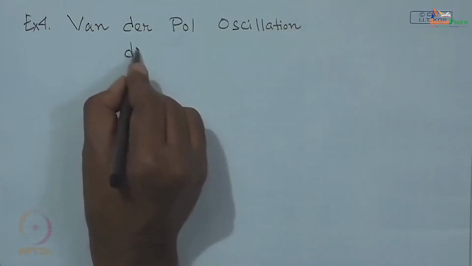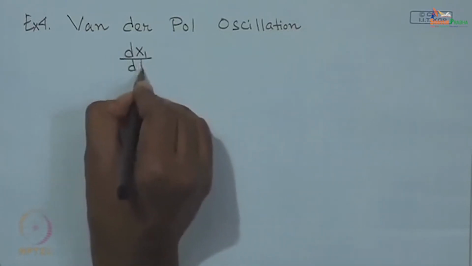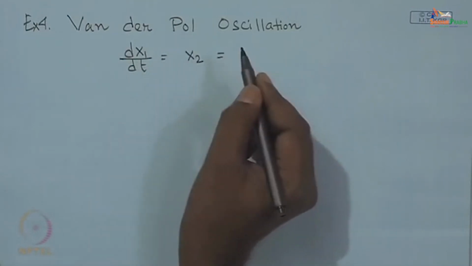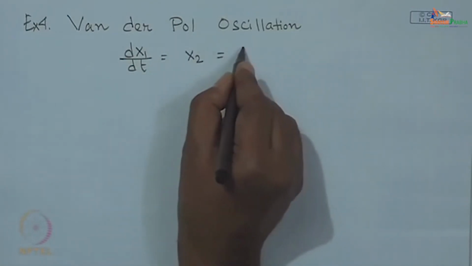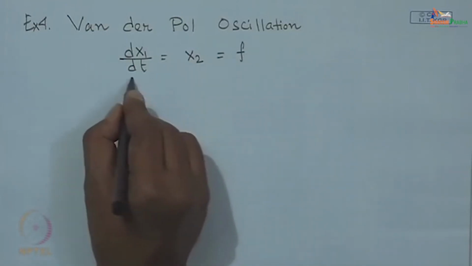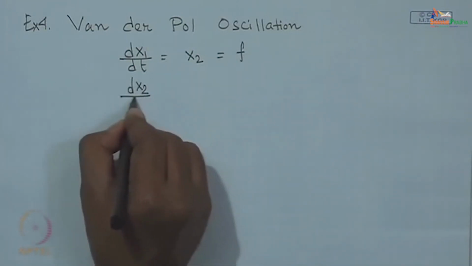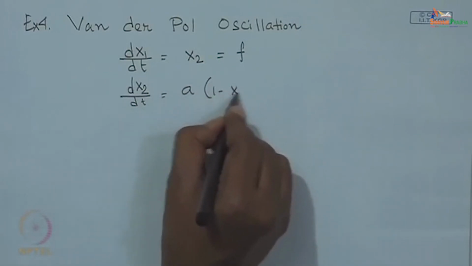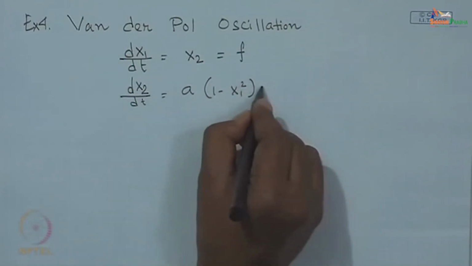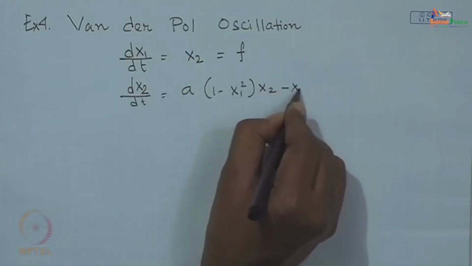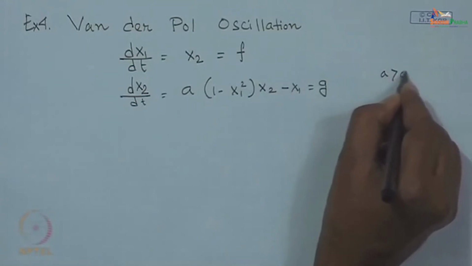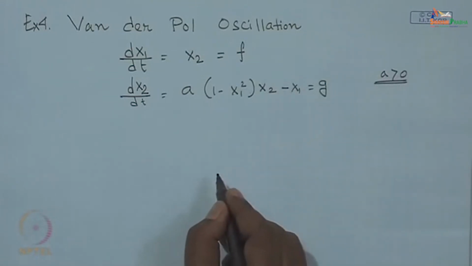The first governing equation of this process is given as dx1 dt is equal to x2, that is equal to f. The second equation is dx2 dt is equal to a times 1 minus x1 square multiplied by x2, minus x1, this is equal to g, and this constant a is a positive constant.